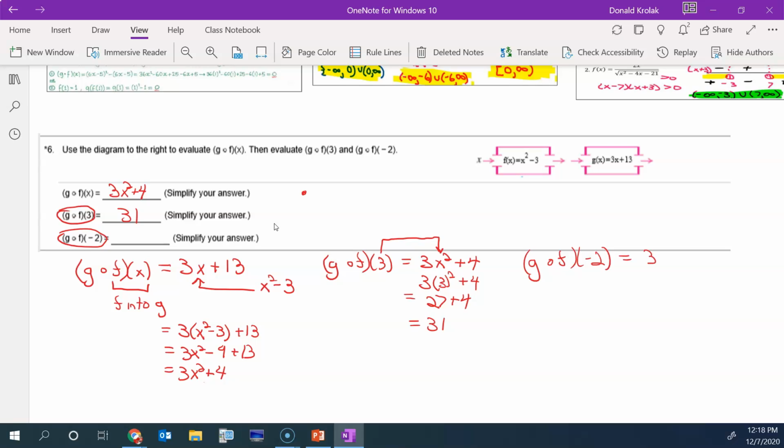I'm going to take my composite, and in the place of the x, I'm going to put negative 2. So I get 3 times negative 2 squared plus 4, which is 12 plus 4, which is 16.